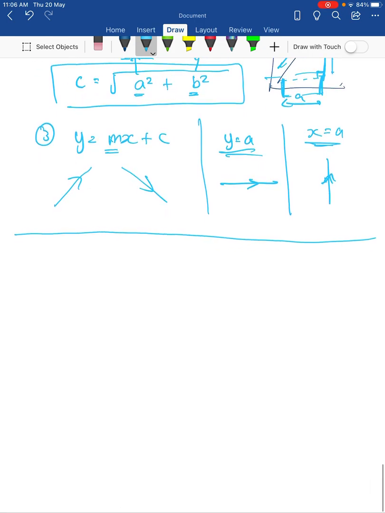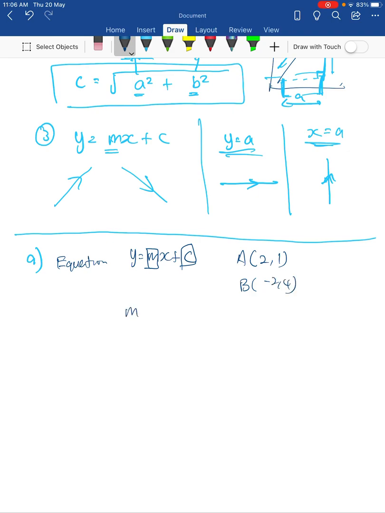Question number 4a. How do we do this? We are supposed to find the equation of the line. For the equation of the line, y equals mx plus c, two things we need to solve are the m and the c. They already give us two coordinates, A and B. A is (2, 1), B is (minus 2, 4).